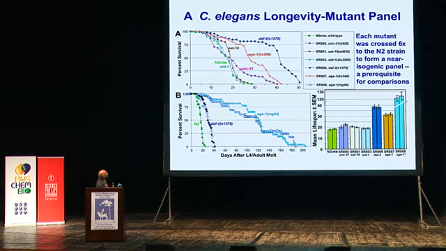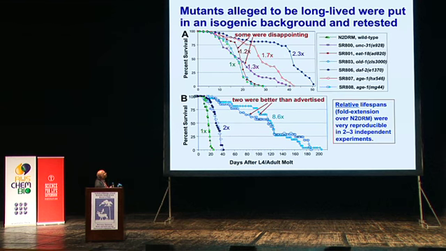Next, please. And next. And some of the mutants were disappointing. When we studied them in a constant genetic background, mutants that had been reported to be long-lived against admittedly different controls turn out not necessarily to be very long-lived. So some were disappointing. Next.